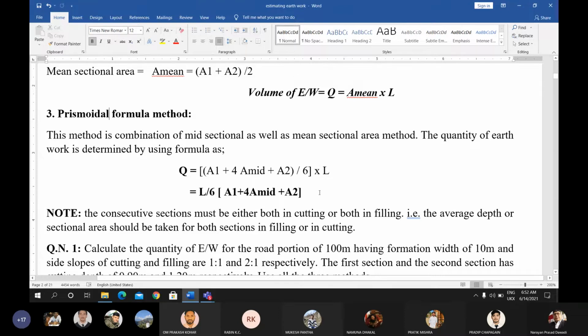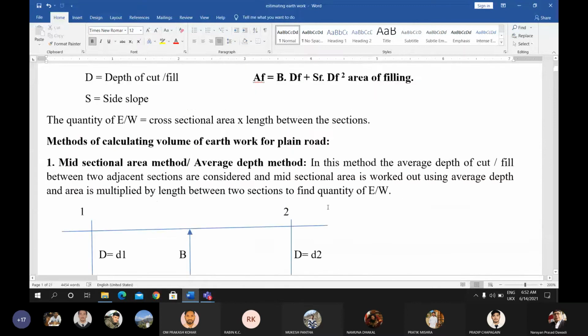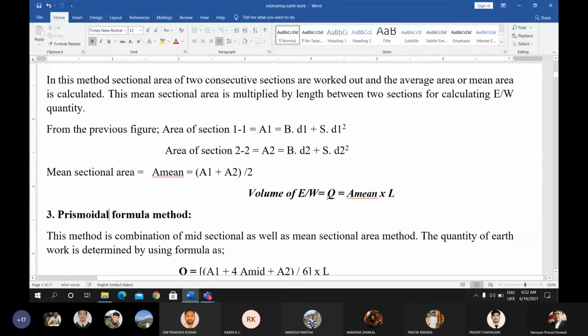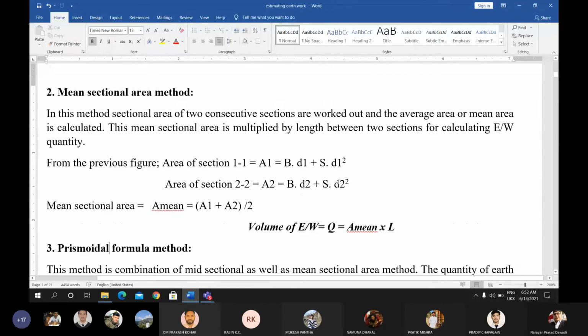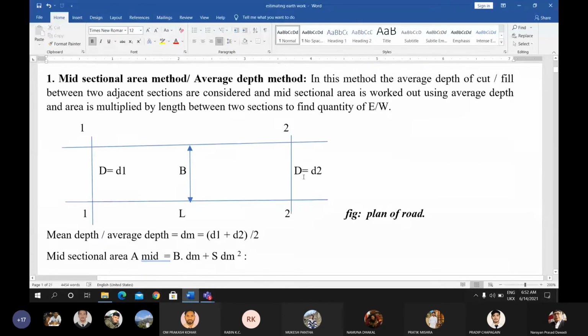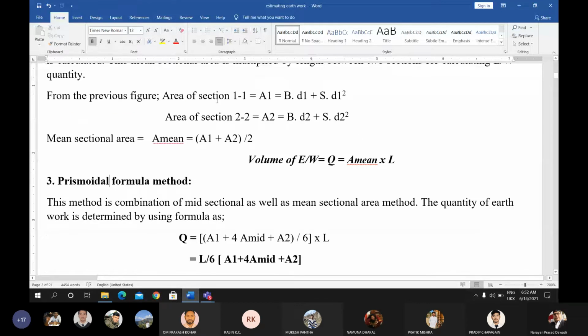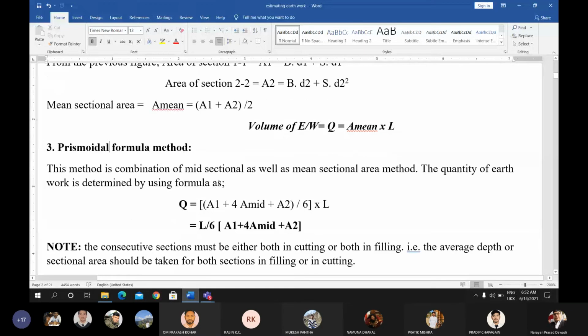This method is very long in comparison to the average depth method, the mid sectional area method and the mean sectional area method. You have to find each and every sectional area. You also calculate the mid sectional area, and with the help of the mid sectional area and each sectional area, you determine the quantity by multiplying L by 6 using the Prismoidal formula. Okay, this formula is used.